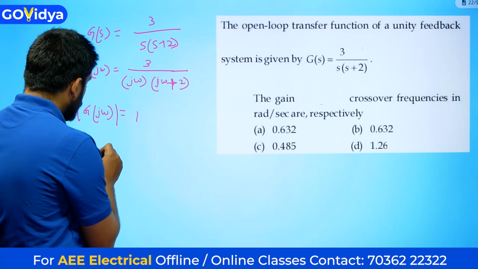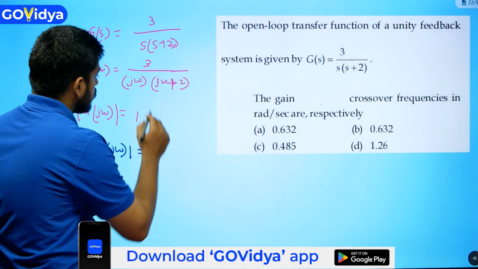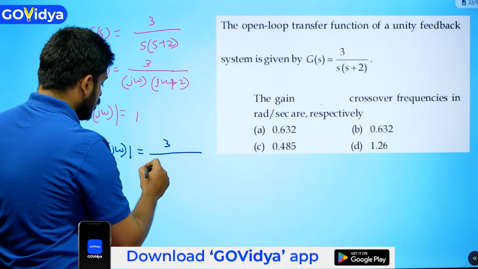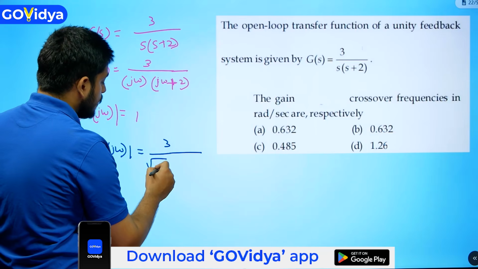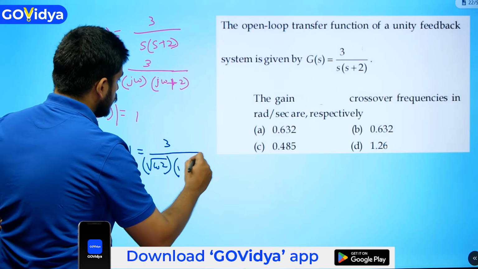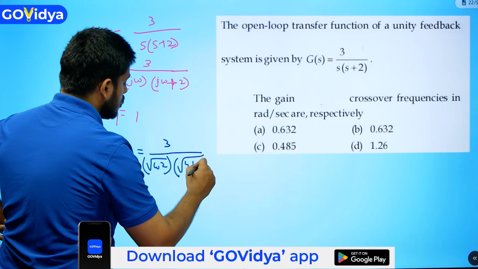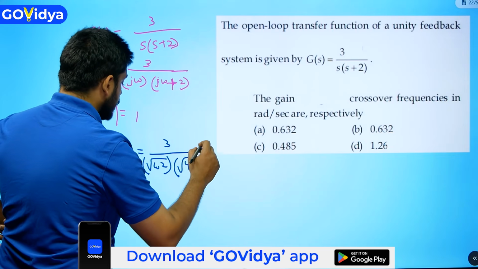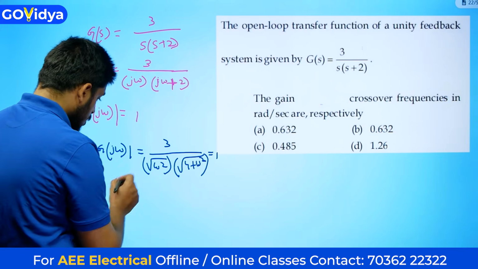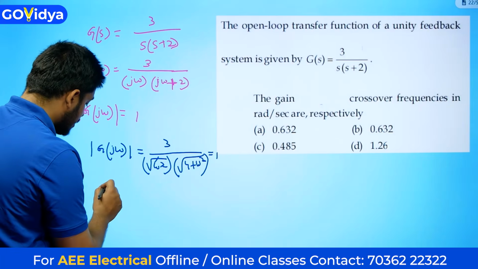So equating that, mod of G of j omega is equal to, in the numerator we are going to get 3, in the denominator we are going to get omega square, so omega only here. Next, square root of, again here real square, 2 twos are 4 plus omega square, and this whole value is equal to 1. Okay, so what will be here, square and square root get cancelled and this will be sent that side.